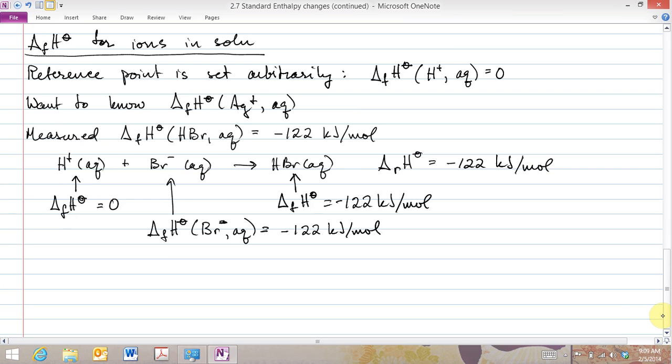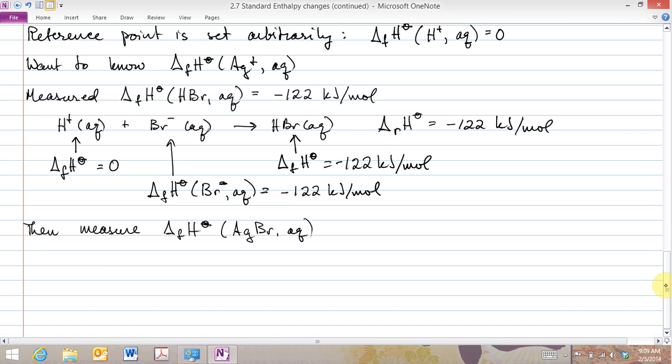So using that information, we can then measure the standard enthalpy of formation of silver bromide, and from there we can figure out what the enthalpy of formation is of the silver ion in solution.